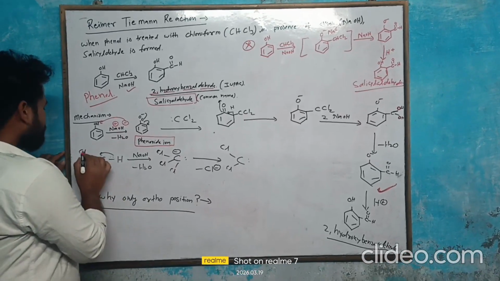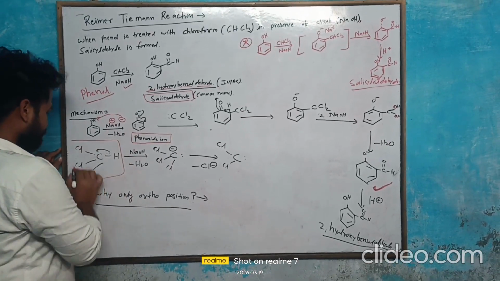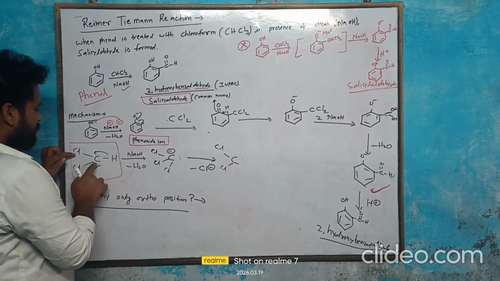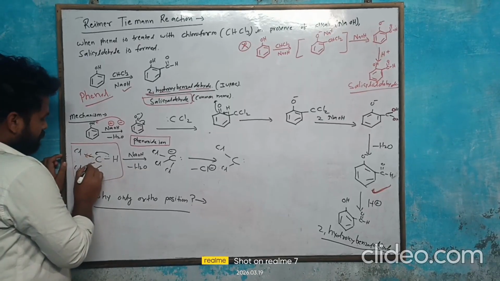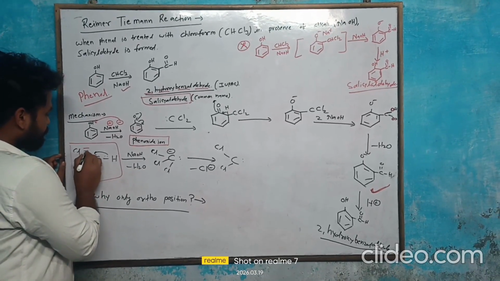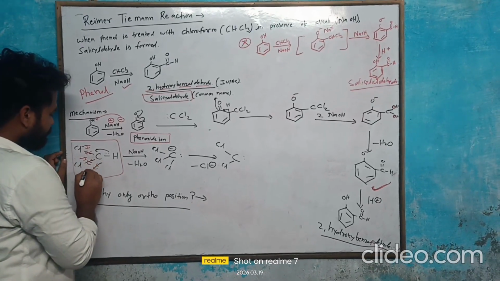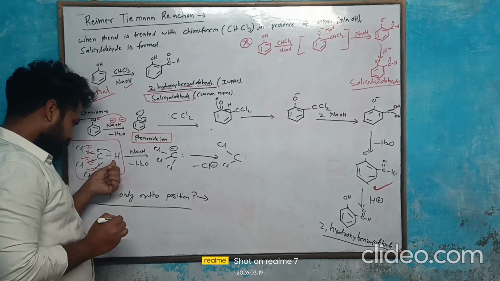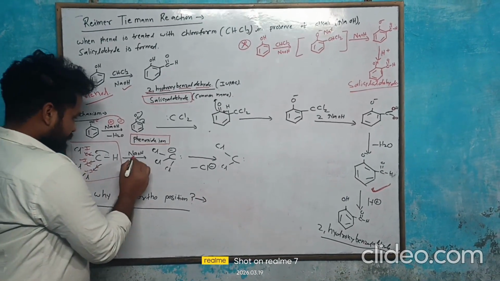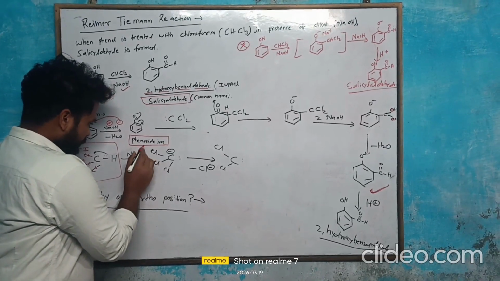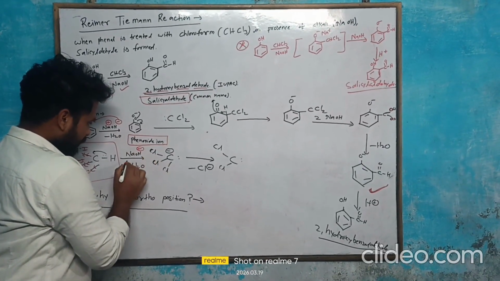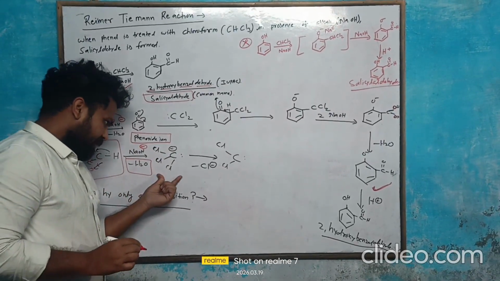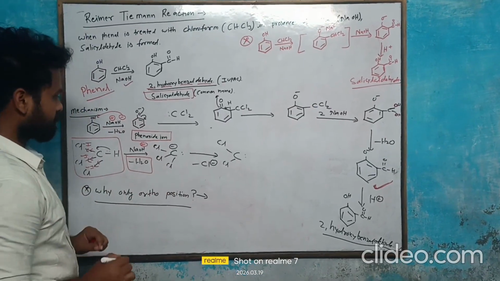Further, in the case of chloroform, there are 3 chlorines attached to the carbon. All of these will show a minus I effect, and due to this the hydrogen becomes more acidic, and with the help of NaOH, again H plus will be removed, and this type of intermediate is formed.